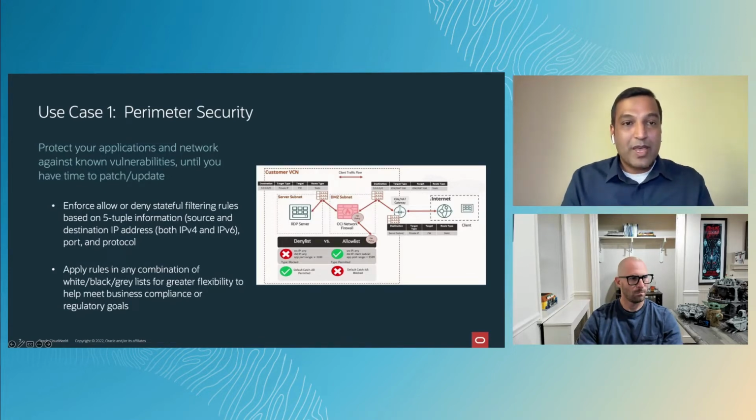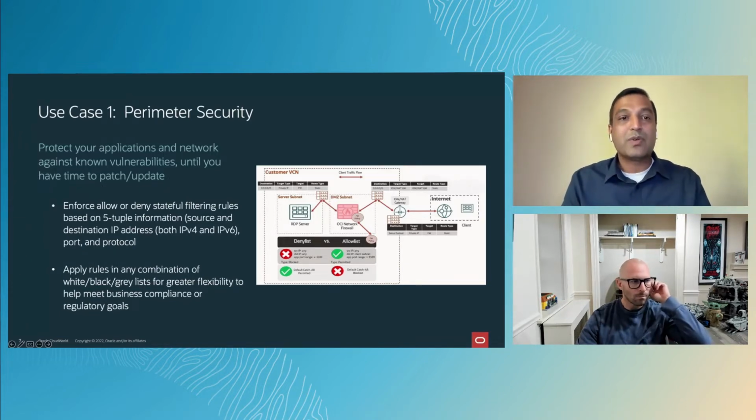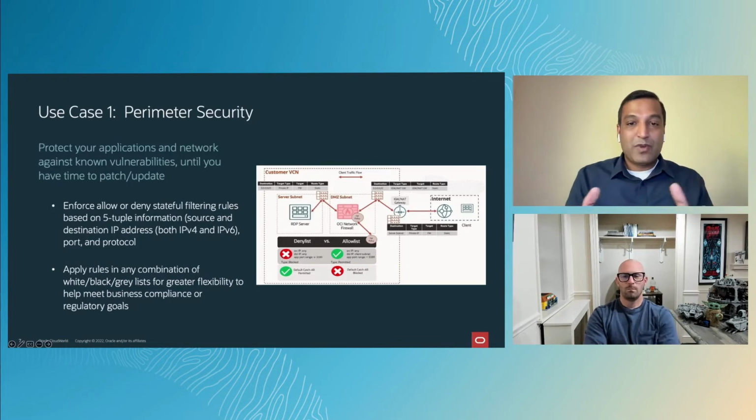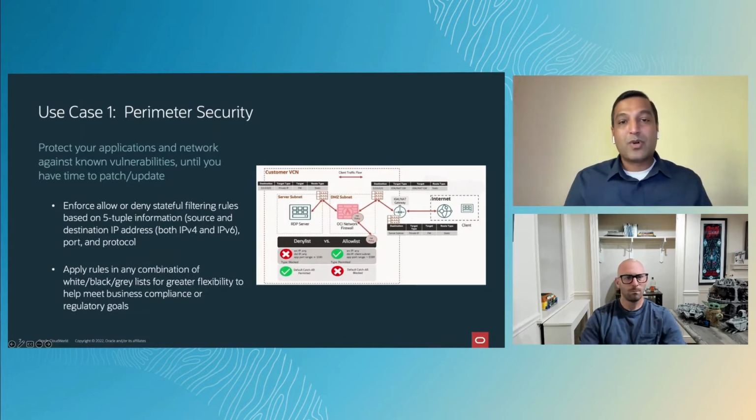And in this example, we have a simple rule that only allows RDP traffic coming in from the clients to your server inside the VCN, and all other traffic is implicitly denied. You can create stateful filtering rules based on allow or deny access control entries, and we allow you to combine them into any combination of white, black, or gray lists for greater flexibility and to meet your compliance goals.